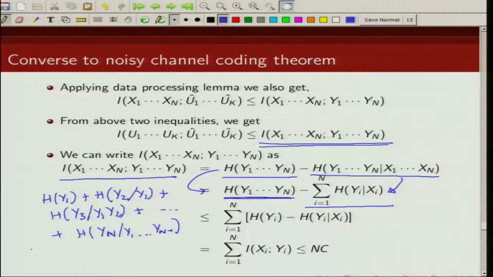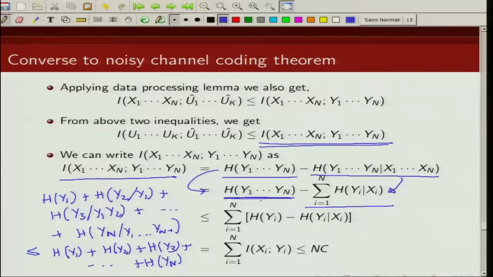Now, this is upper bounded by h of y1 plus h of y2 plus h of y3 plus h of yn. Here I use the fact that conditioning cannot increase entropy. So this joint entropy is upper bounded by the summation of entropy h of yi where i goes from 1 to n.